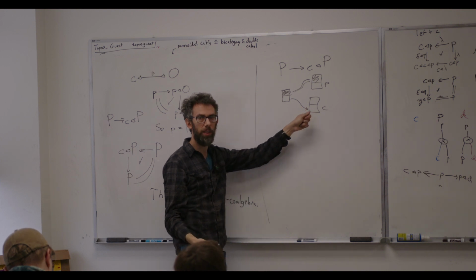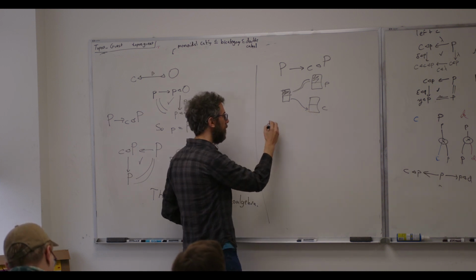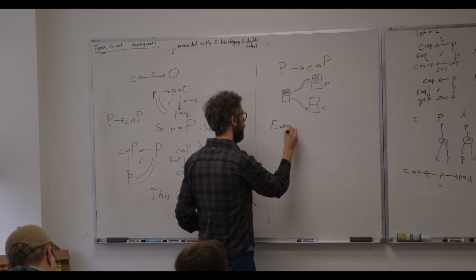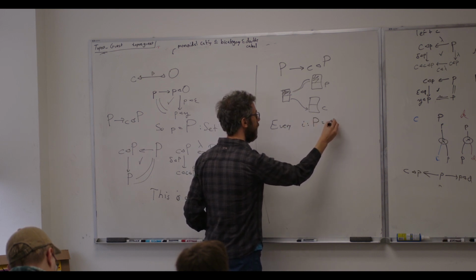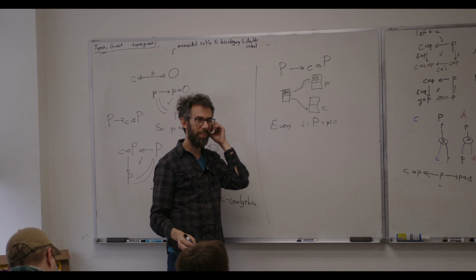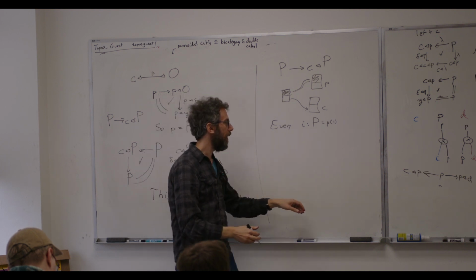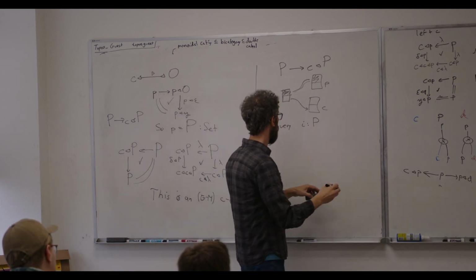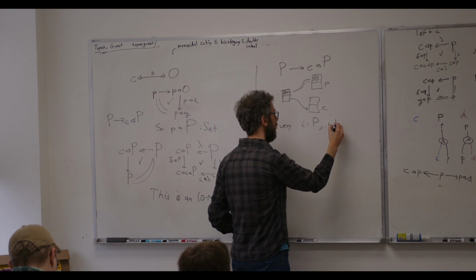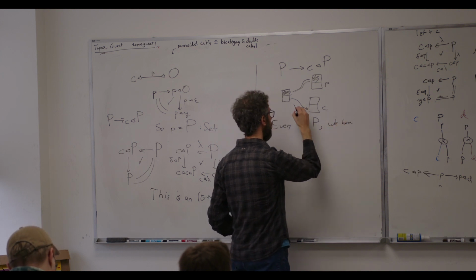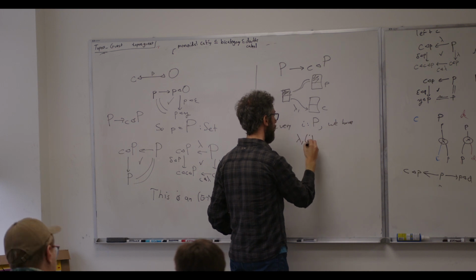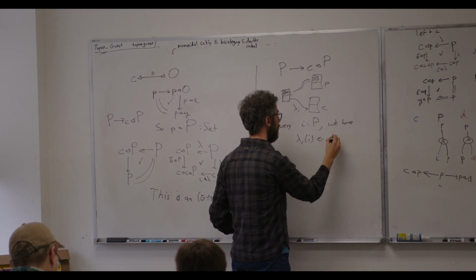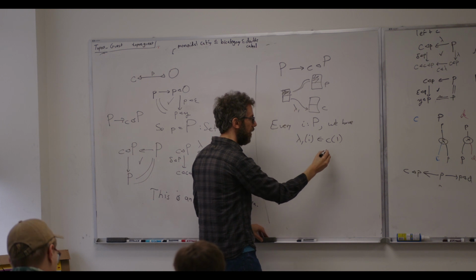It goes into an object of C. So for every i in P, which is P of 1, because P is just a set, right? For every i in P, we have lambda 1 i is in C of 1, an object of C.